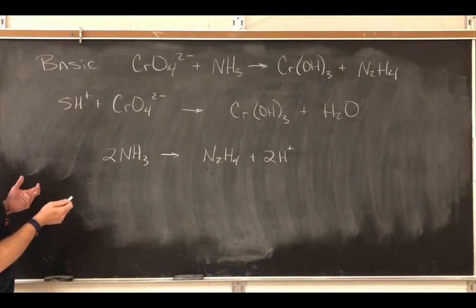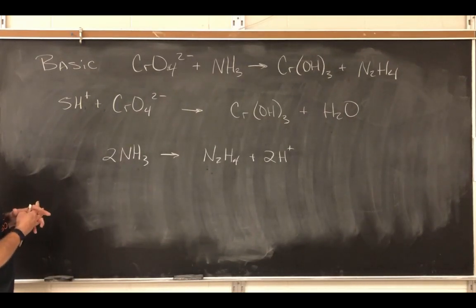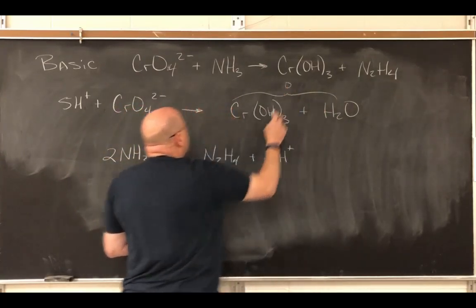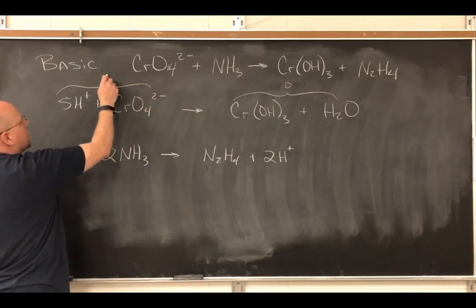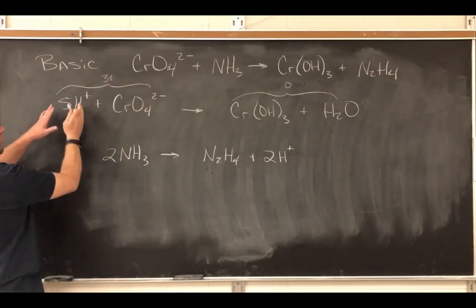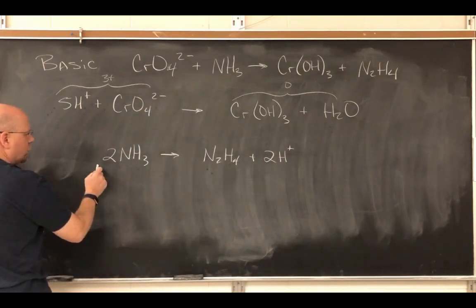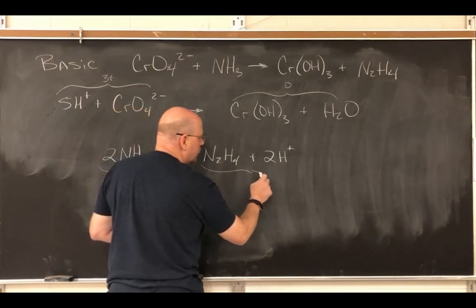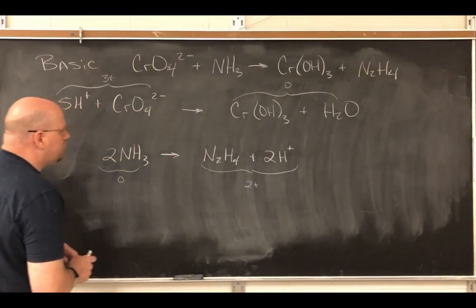Next step is to balance the charges on both sides of the reaction. So this has a total of 0, and this has a total of 3 plus 5 and a 2 negative. This has a total of 0, and this has a total of 2 plus.